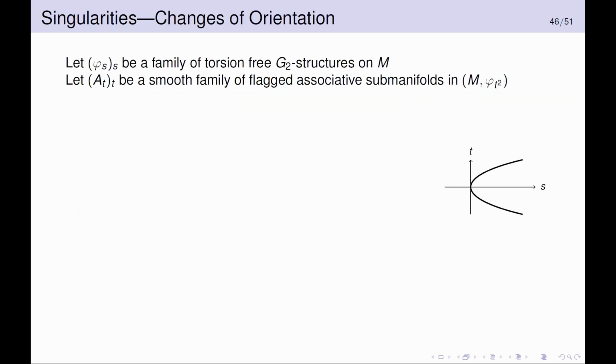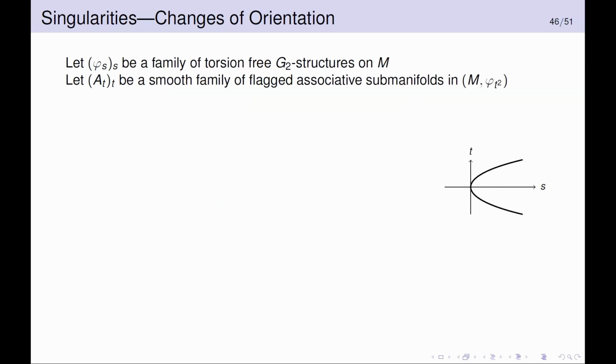So here's a simple example. We have a family of G2 structures indexed by one parameter s, and we have a family of flagged associative submanifolds indexed by a parameter t, and we say that s equals t squared.